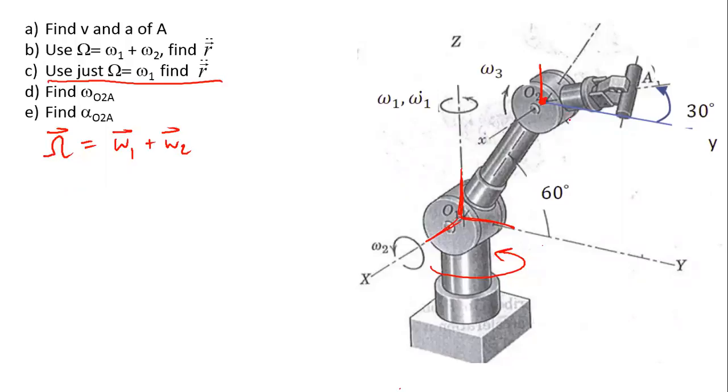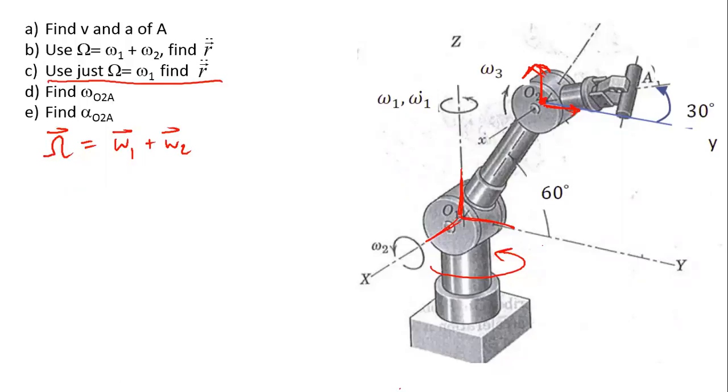So if I'm setting up here, the only other thing that's not attached to my frame is the omega 3. The only other rotation that's going is that omega 3.